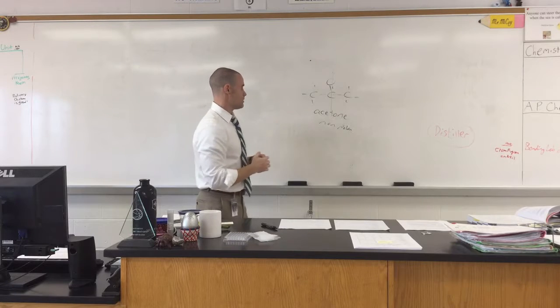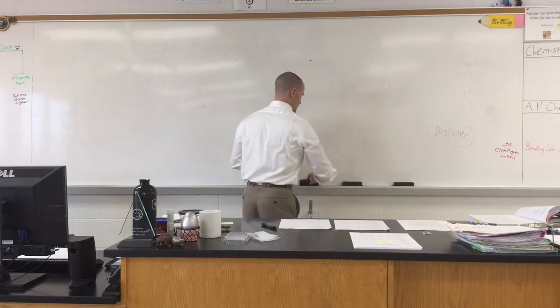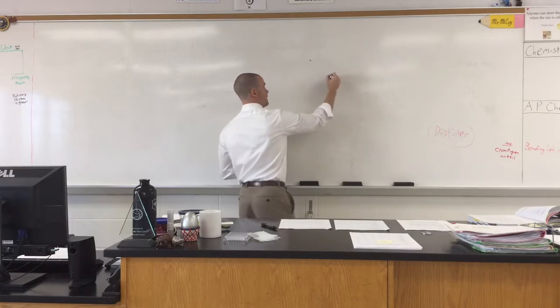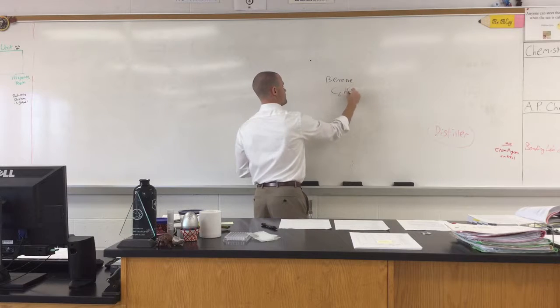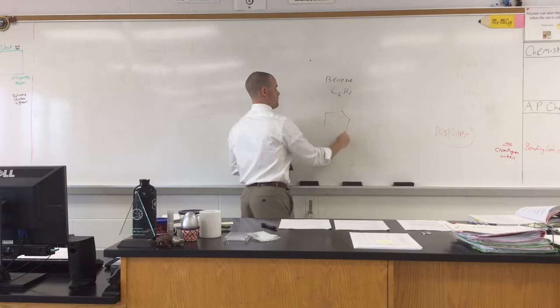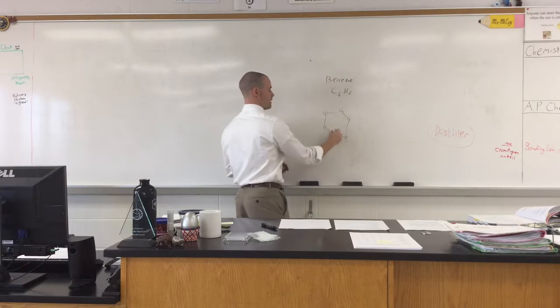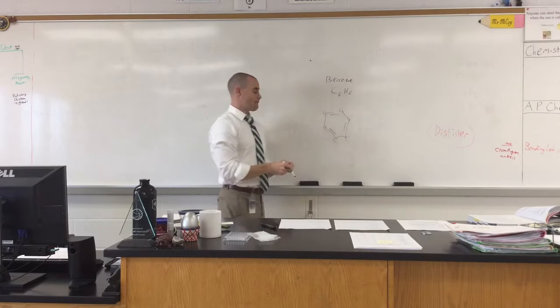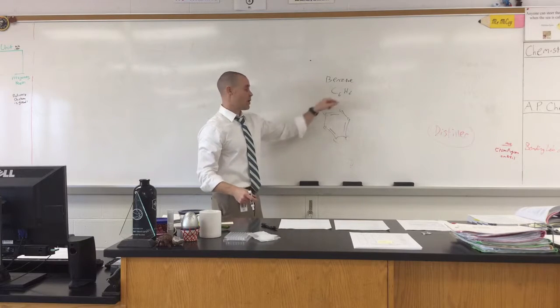Another one they give you is benzene, which we've talked about, but they give you benzene as C6H6, which is right, but it looks like this. So this is a carbon, carbon, carbon, carbon, carbon, carbon, double bonds alternating. So there's only 1, 2, 3, 4, 5, 6 hydrogens coming off here.